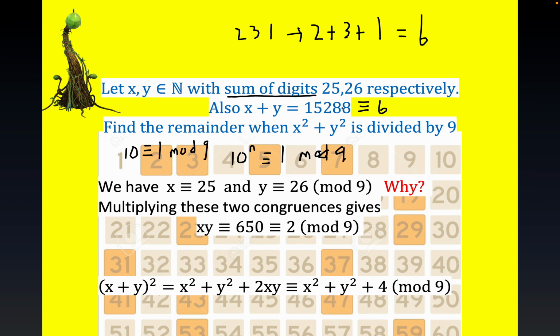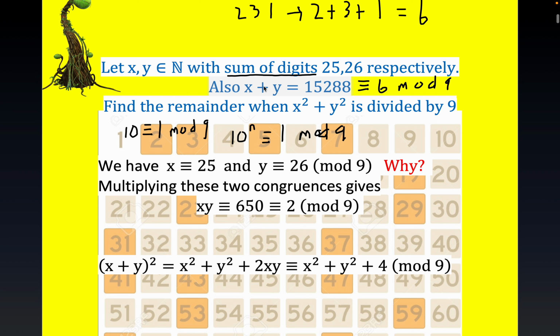And we can write that as x plus y is congruent to 6 mod 9. Again, I didn't show the work, but if you divide 9 into 15,288, you will get a remainder of 6. I won't bother you with showing that computation. But what does that mean? Well, we have x plus y is congruent to 6 mod 9.